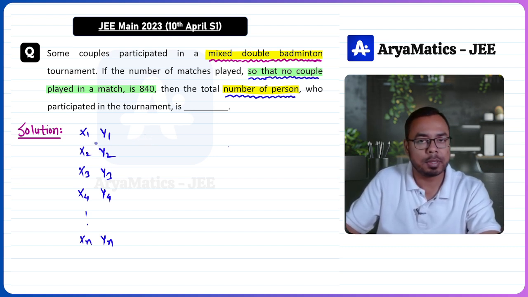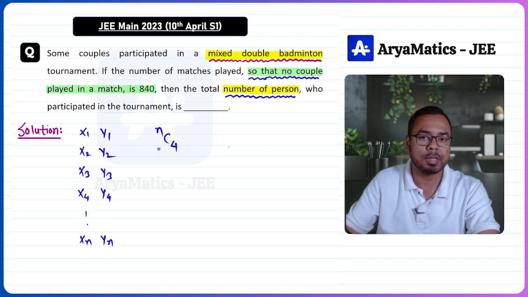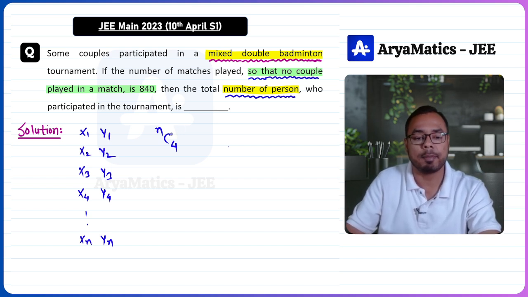So let us say from these n number of couples, we are selecting any four couples. That can be done in NC4 number of ways. First we'll select four couples, and then from those couples we'll select one person. Then we can ensure that in no match two couples are playing together. So NC4, we are selecting any four out of these n couples.